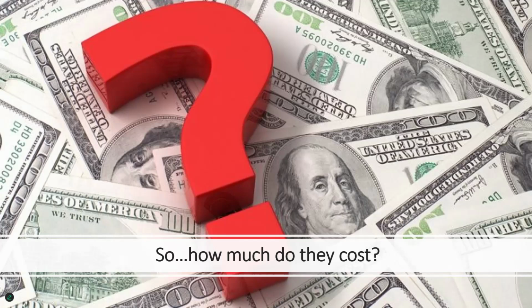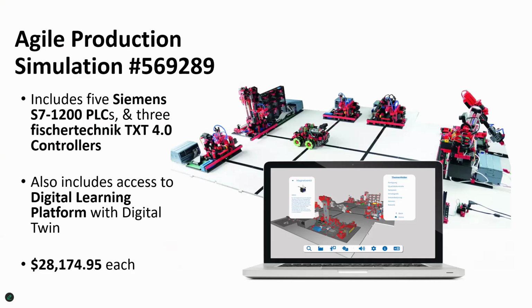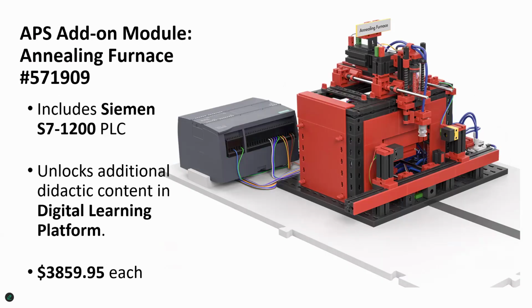Now, as that concludes the main portion of our overview of the Fisher-Technic Agile Production Simulation model, we're going to now look at the cost for each of these items. The Agile Production Simulation model, again including 5 Siemens S7-1200 PLCs and 3 Fisher-Technic TXT 4.0 controllers, as well as the digital learning platform with the digital twin, you're looking at a cost of $28,174.95 per unit. If you were looking at the APS add-on module, the annealing furnace, which again includes the Siemens S7-1200 PLC, and it unlocks additional didactic content in the digital learning platform, the cost for that is $3,859.95.